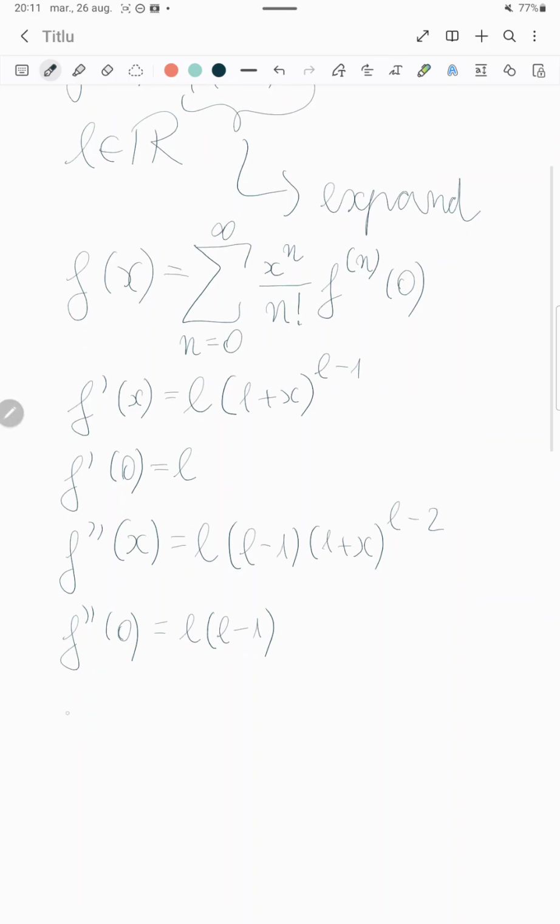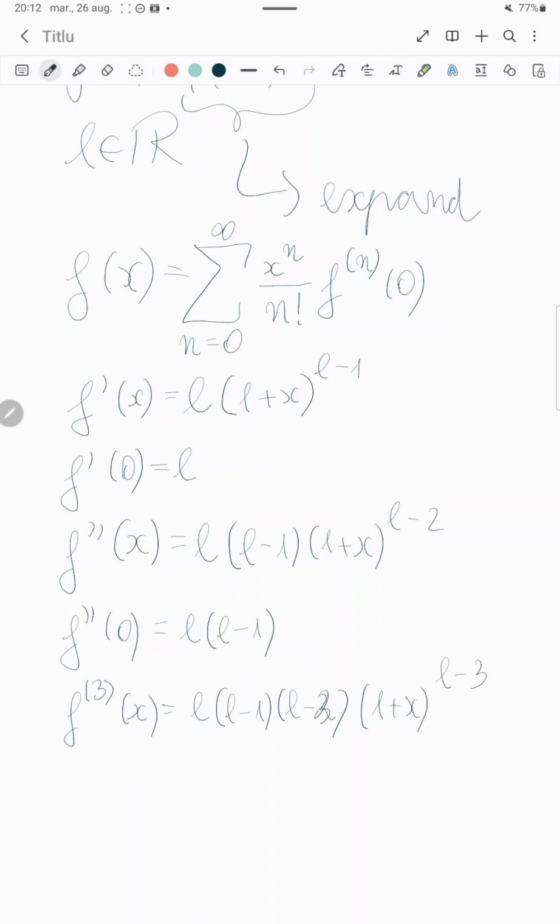Okay, now let's go to the third derivative, and hopefully this time you will see what we are going to get. Again, the same rule: constants remain the same, L times L minus 1, and now we bring down the exponent L minus 2, all multiplied by 1 plus x to the power of L minus 3.